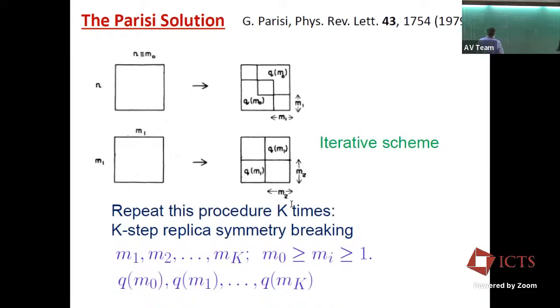Here, if you do that, then this QM0 will appear, M0 minus M1 times. Basically, when you do this kind of thing, you sum over all the labels.